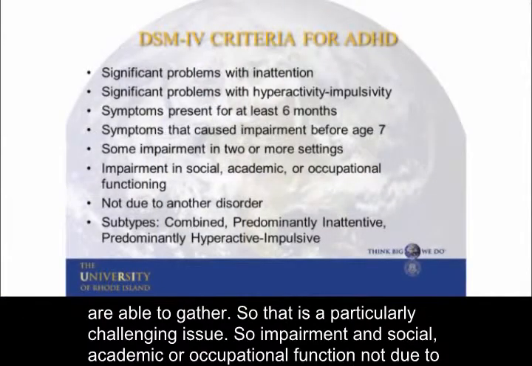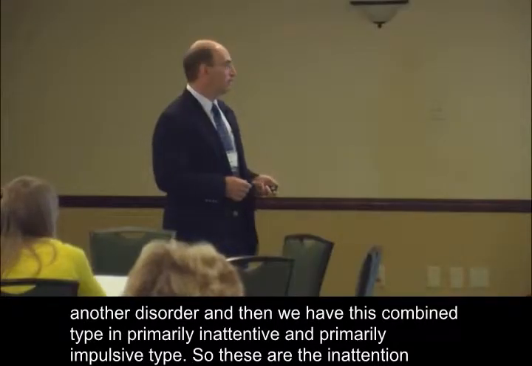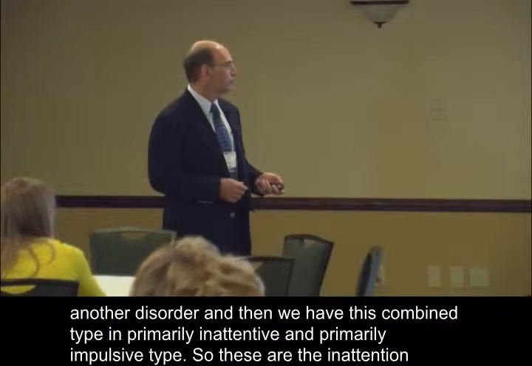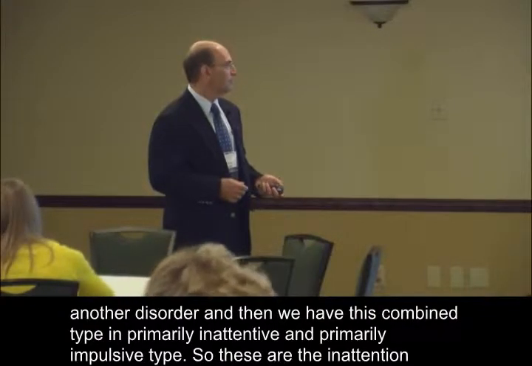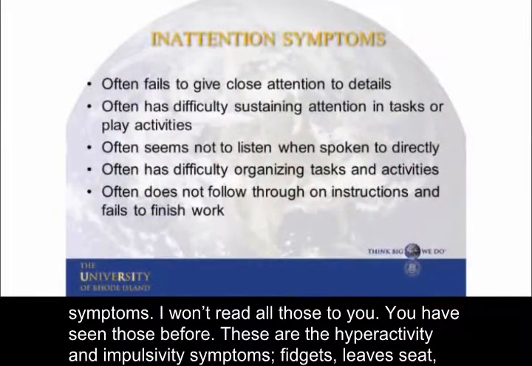So impairment in social or academic or occupational functioning, not due to another disorder, and then we have this combined type and primarily inattentive and primarily impulsive type. Okay, so these are the inattention symptoms. I won't read all those to you.